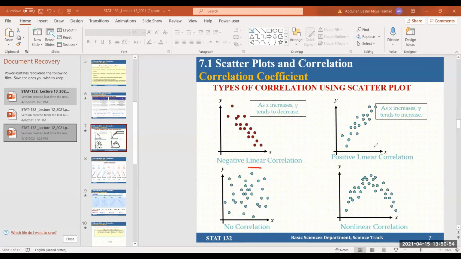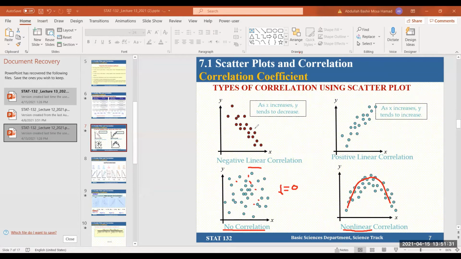This is positive: x increases, y also increases. This is actually non-linear; it looks like a curved relation, so it is a non-linear correlation. This one is no relation; it looks random, so there is no correlation, maybe r equals 0 or around. So these are the shapes of scatter plots. A scatter plot can give us an indication about the direction and strength of the relation.